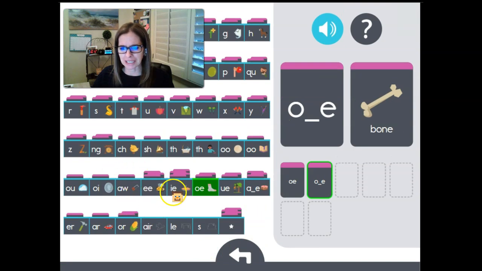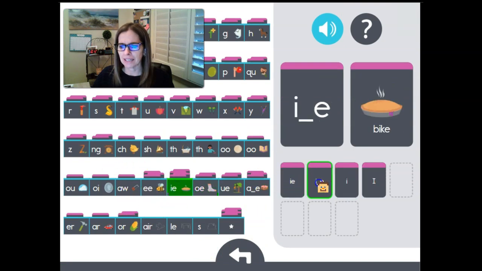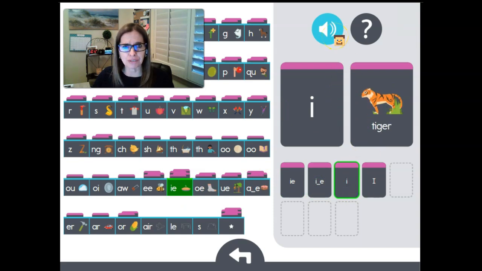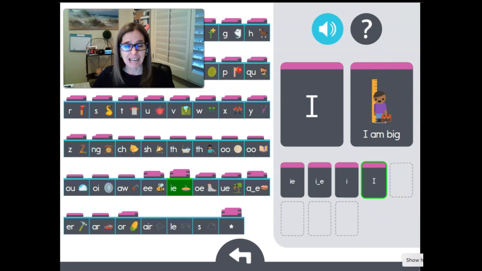So I'm going to look for the I sound as in pie. And I notice we have I as in bike. We have I as in tiger with that open syllable. And also I, the word. Did you realize we have that many spellings for the I so far?